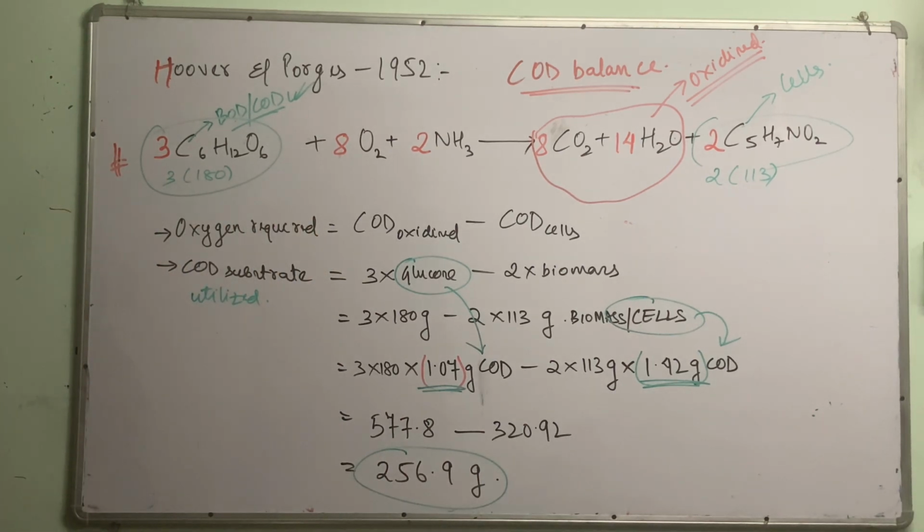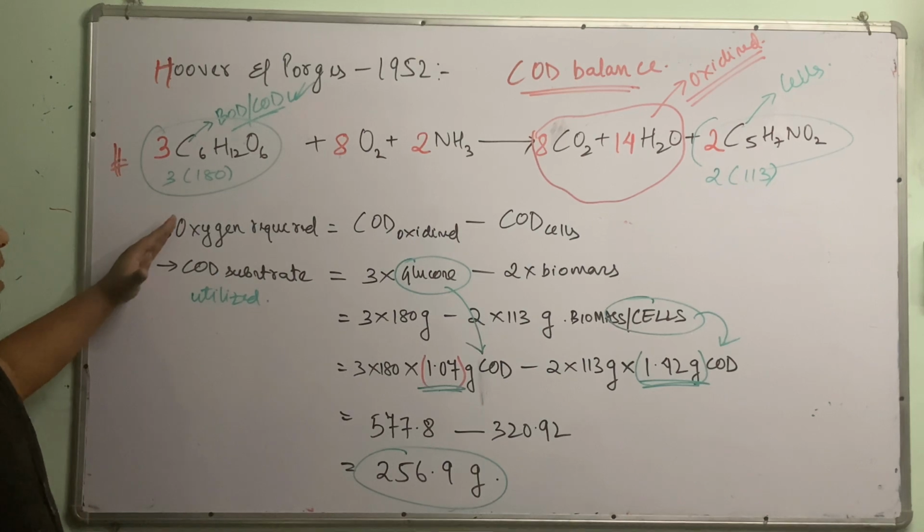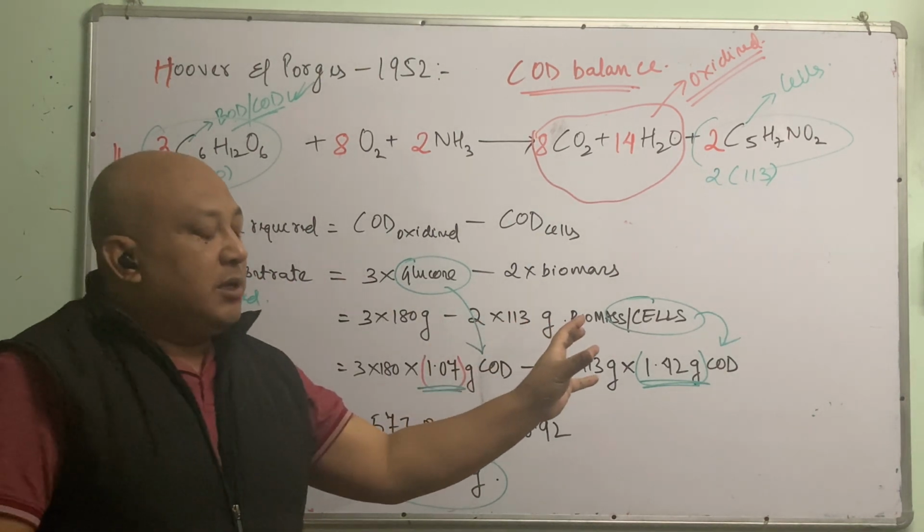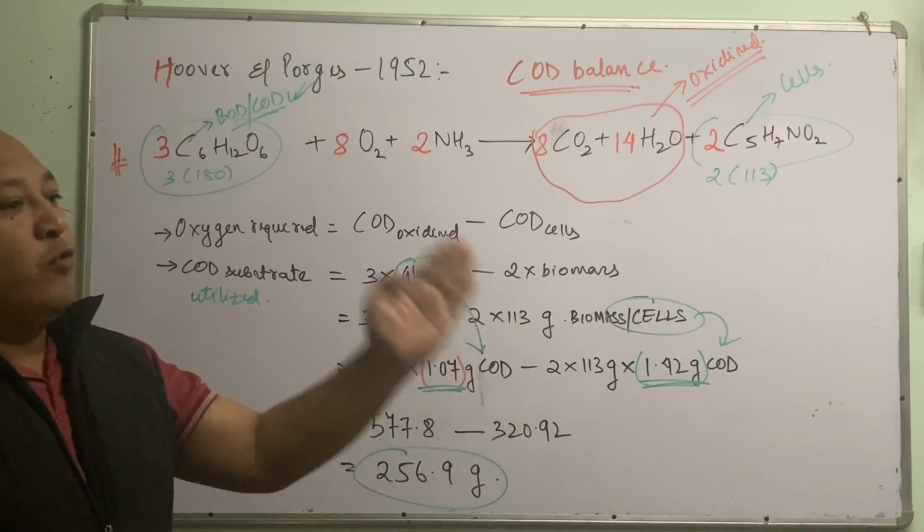Now let me explain again. The oxygen required is nothing but the COD of substrate that is utilized, correct? Because we always say that this much COD of glucose is equivalent to oxygen.